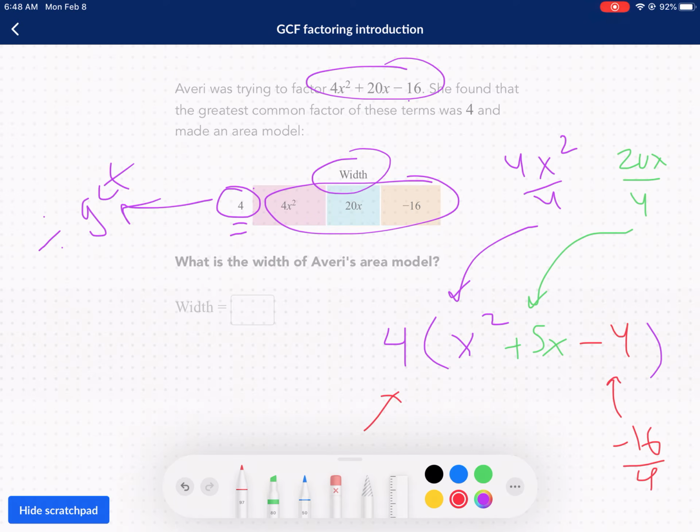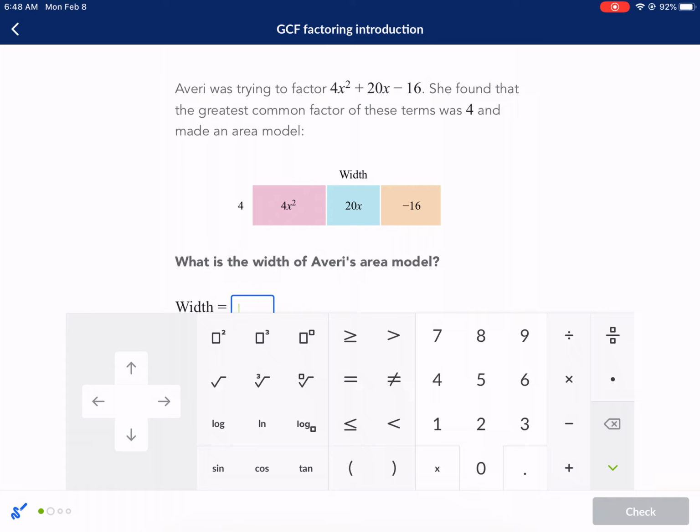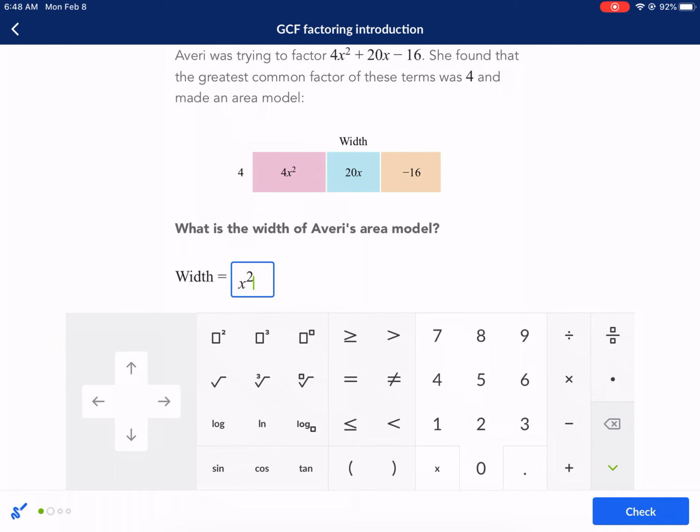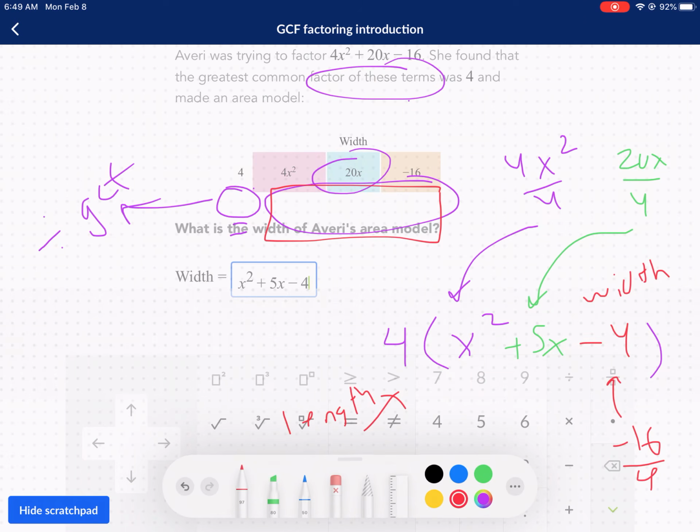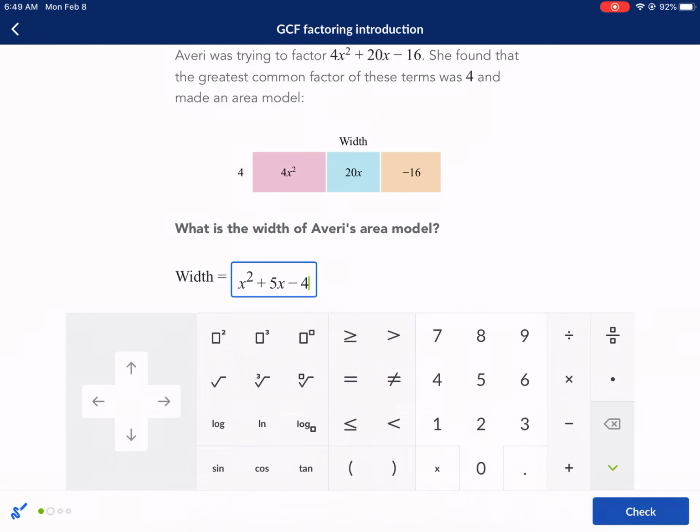This is going to be my width in the parentheses, and it equals my area, what I started with. So I need to type in x squared plus 5x minus 4. Double check. Yes, punch it.